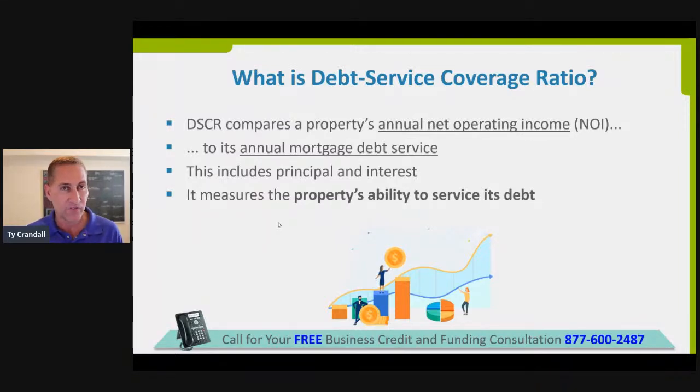What it really comes down to is how much income the property generates compared to the mortgage payment itself. Obviously, the more income above and beyond the mortgage payment the property generates, the more peace of mind the lender has.